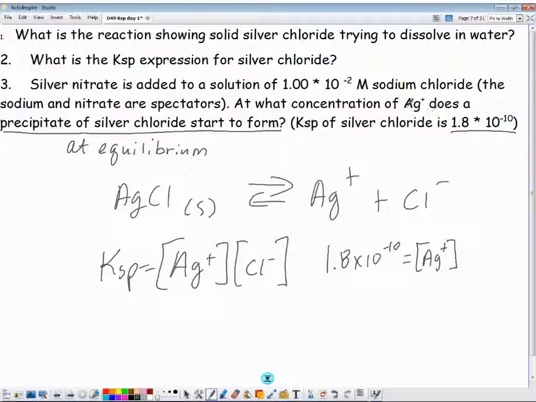Now, a quick little aside. If I have a 1 times 10 to the minus 2 molar sodium chloride solution, and sodium chloride is 100% soluble, what are the molarities of my 2 ions? Same. Same, Brianna. Is that something from Unit 2 that you better pull back out of the brain? You better. 1 times 10 to the minus 2 molar chloride.